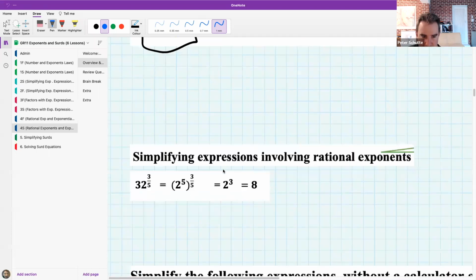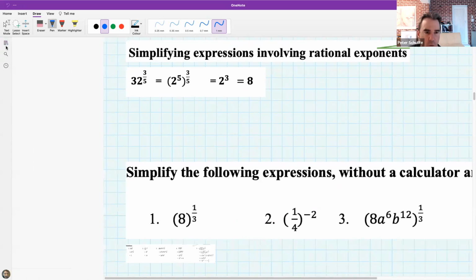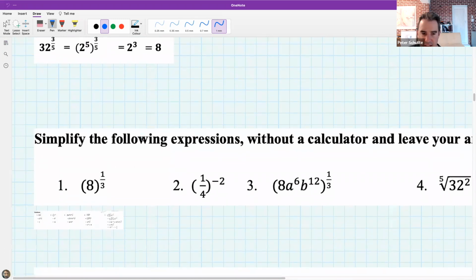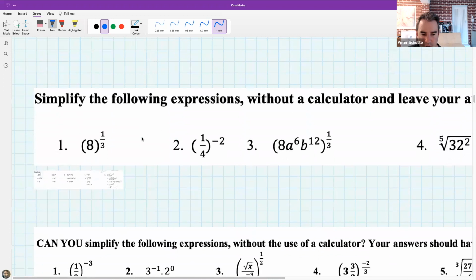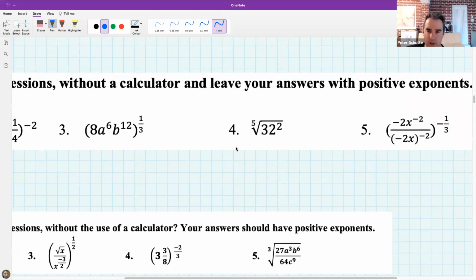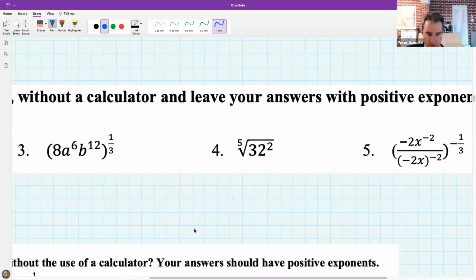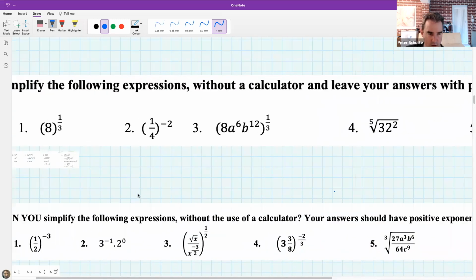What I want to do now is I want to focus on working with, let's have a look. What should we do? If I said to you, I'm going to work on question 3, 4, and 5. So let me put this a little bit further down, and then I'm going to let you loose on this question.